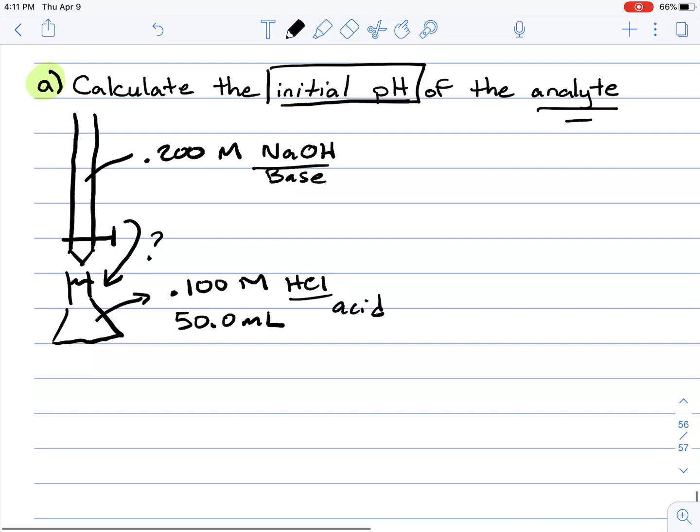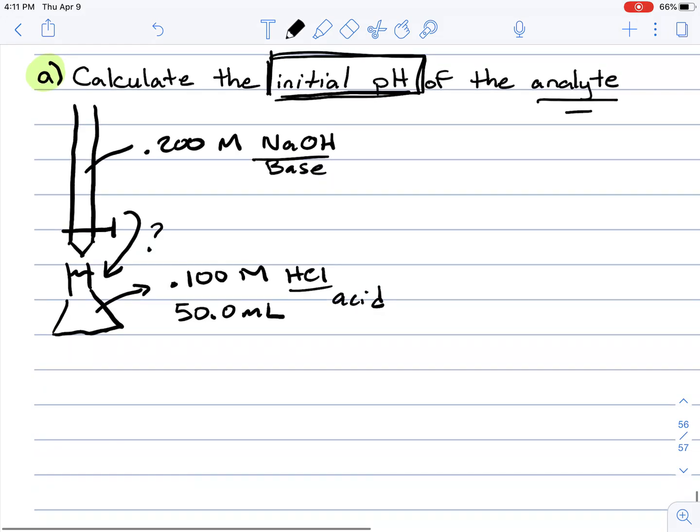When you are calculating the initial pH, you are simply determining the current pH of this solution as it stands right now with no addition of the titrant. So no titrant is added.